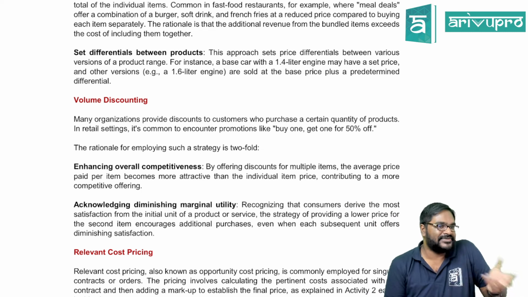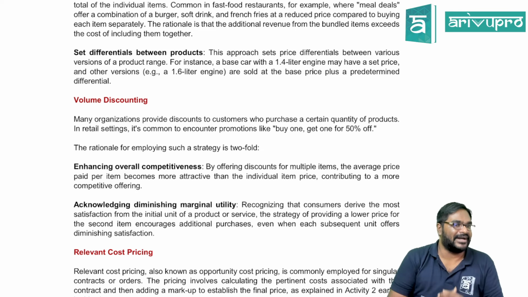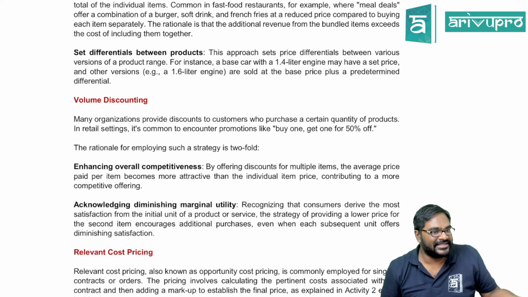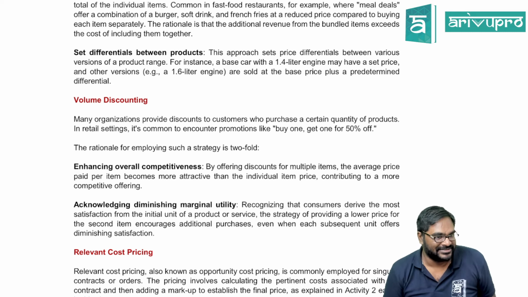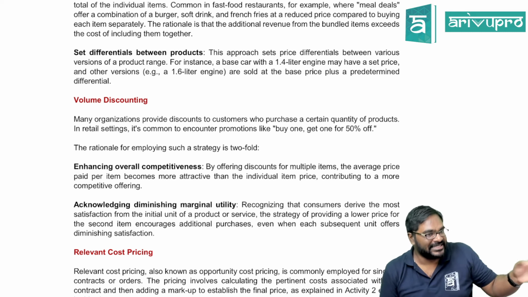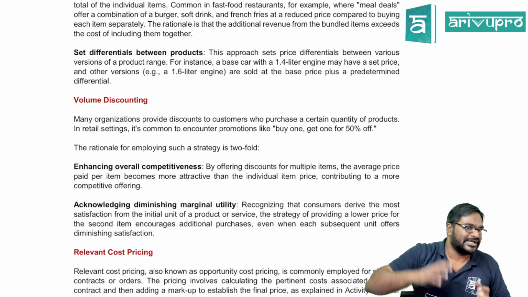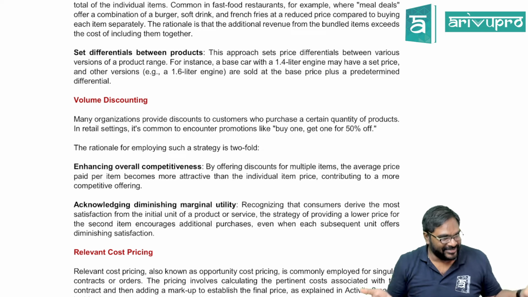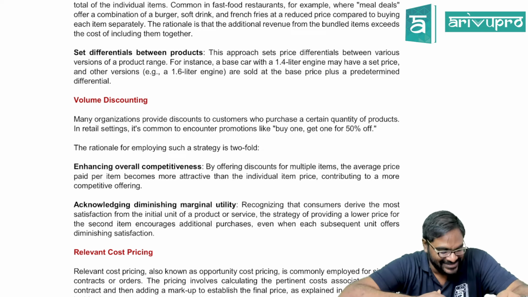This will also be given in a very competitive market. Otherwise, you don't bother about that, right? You are bothering about that because you have heavy competition. So volume discounting will also be applicable in a highly competitive market. Are we good? Okay. Right.